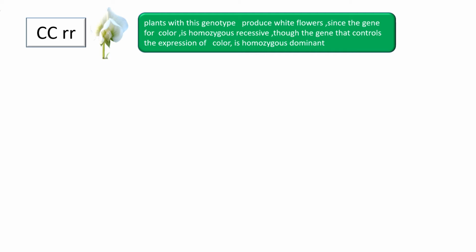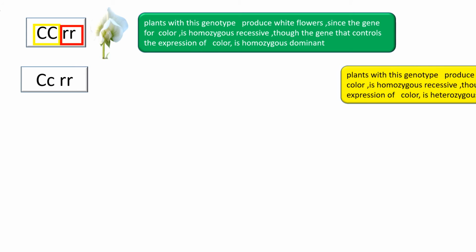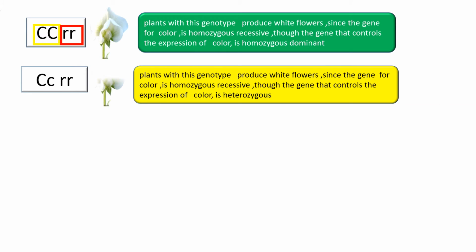Plants with this genotype produce white flowers, since the gene for color is homozygous recessive, though the gene that controls the expression of color is homozygous dominant. Plants with this genotype also produce white flowers, since the gene for color is homozygous recessive, though the gene that controls the expression of color is heterozygous.